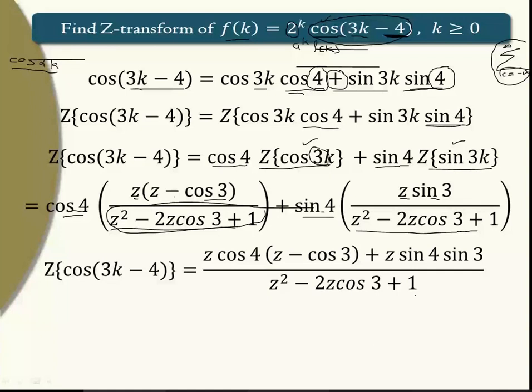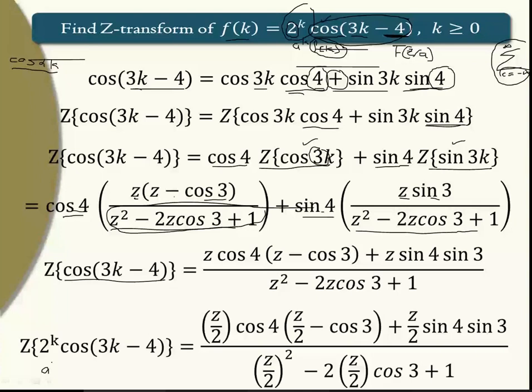But what we want is Z transform of 2 raised to k into cos term. And we know the formula for a raised to k into f of k. If we know Z transform f of k, then whatever f of z we get, replace z by z by a. Here a is 2. So by using that first property, Z transform a raised to k into f of k, wherever there is a z, replace it by z by a.